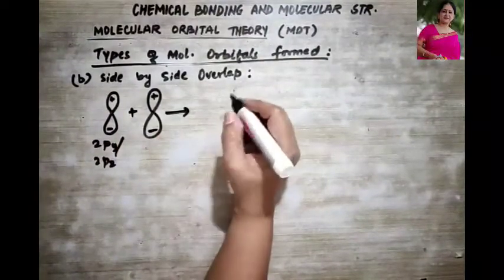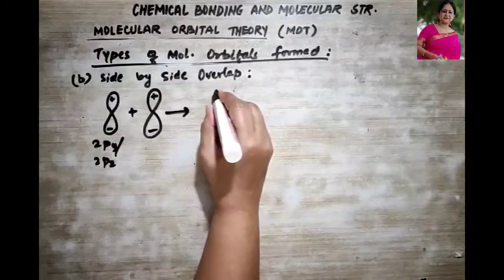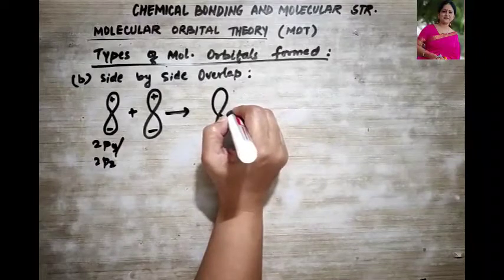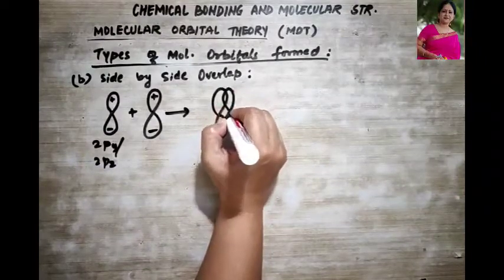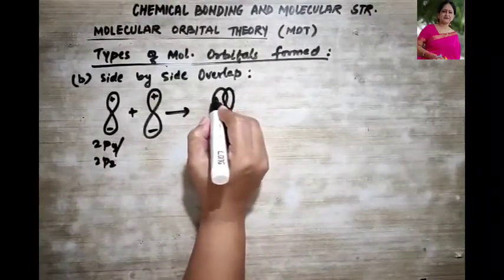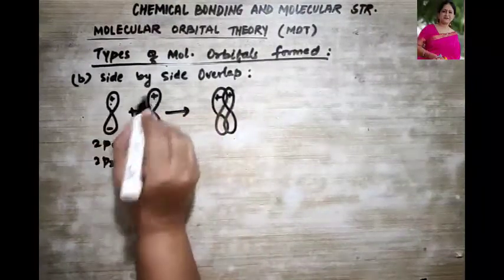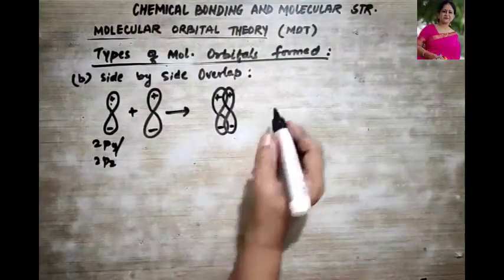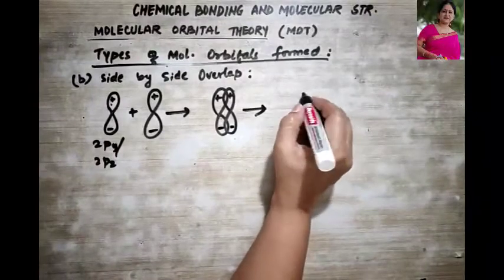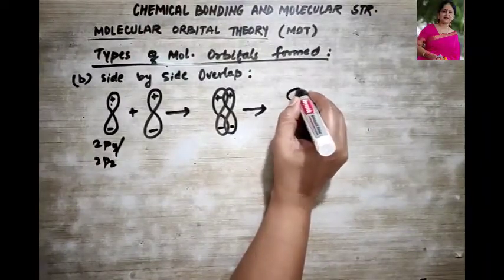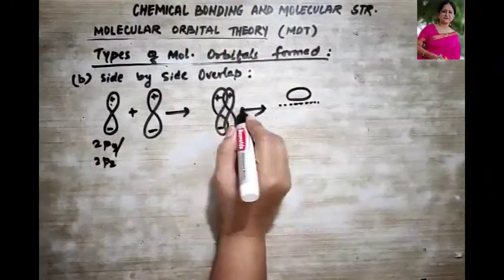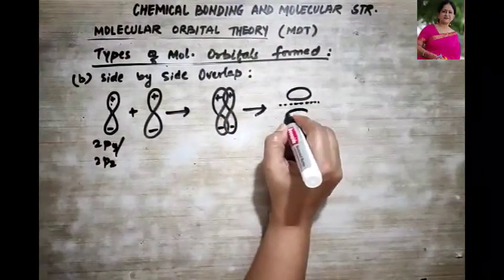So how will they combine now? Okay, so this will become plus plus, plus plus, minus minus, and hence what type of molecular orbital are they going to give us? We will find a nodal plane over here.